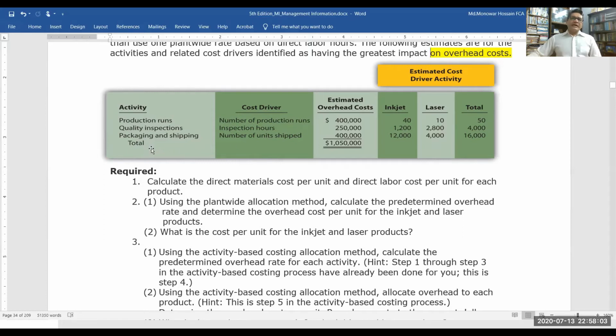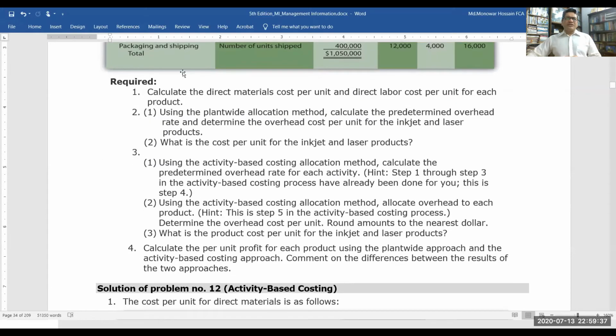And packaging and shipping, the cost driver is number of units shipped. Estimated overhead cost 4 lakh, and inkjet is 12,000, laser is 4,000, total 16,000.